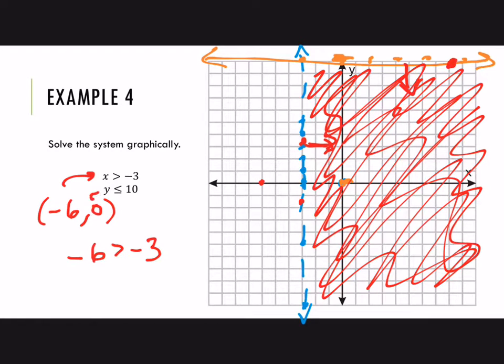And in the second inequality, substitute 0 in for y: 0 is less than or equal to 10, and that one is true. So if we had just shaded below the orange line, that point would have been shaded. But remember, a solution has to make both inequalities true. It makes one false, so it can't solve the system.